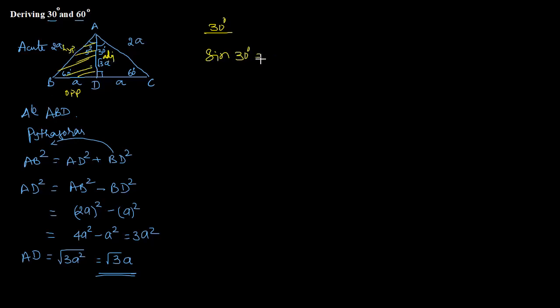So sine 30, the sine ratio is opposite by hypotenuse. Sorry, that is not that. Hypotenuse is 2a, right? Sine 30 is opposite by hypotenuse, a gets cancelled, that will be 1 by 2.